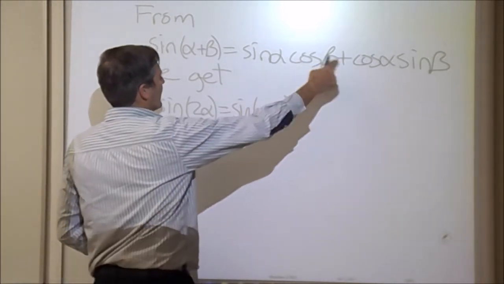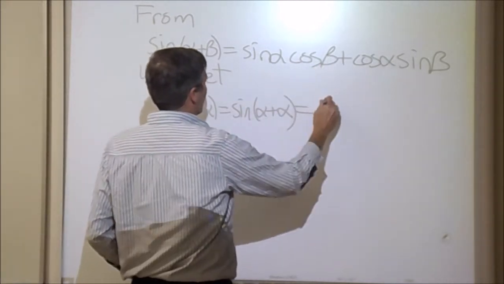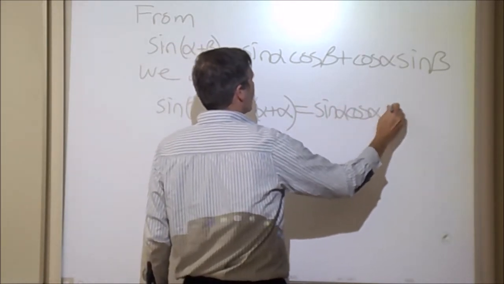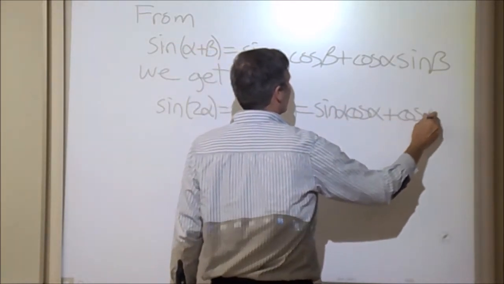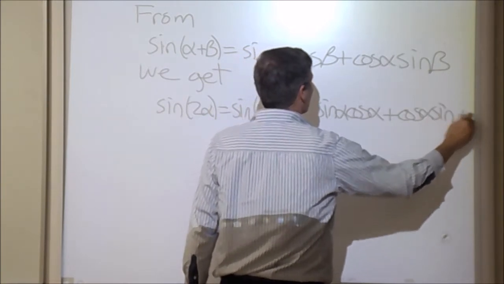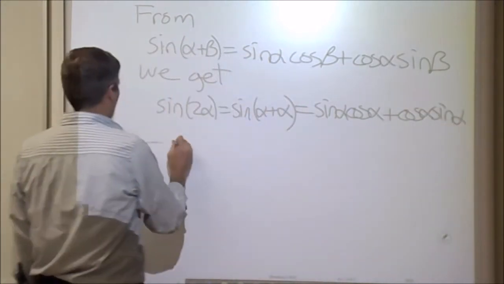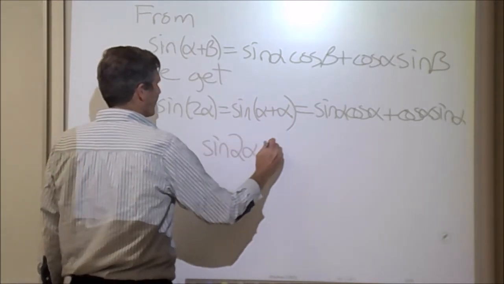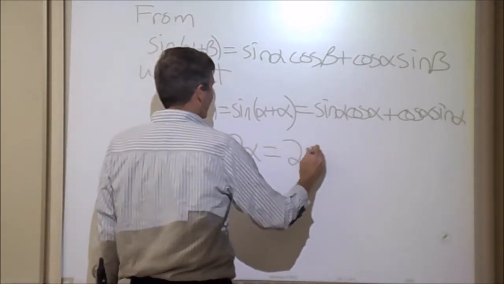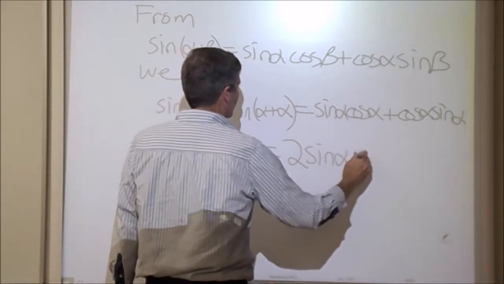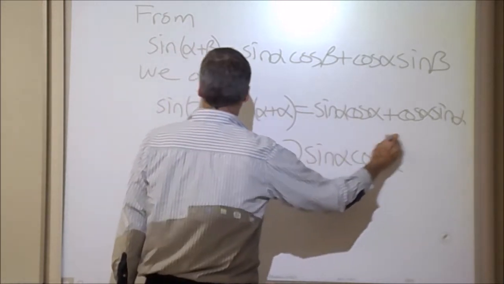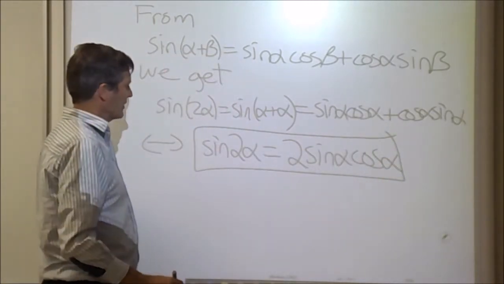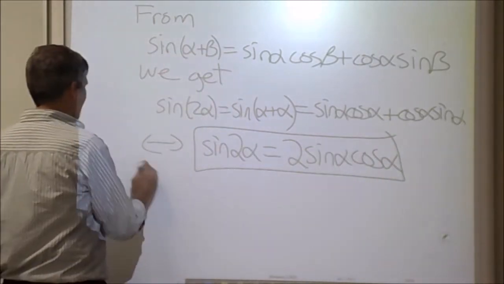So you put beta equals alpha up here and you get sine alpha cosine alpha plus cosine alpha sine alpha. Well, there's 2 of those. What we have equivalently is that the sine of 2 alpha is equal to twice the sine of alpha times the cosine of alpha. So if you forget this one, you can prove it pretty easily from the sum identity for sine.